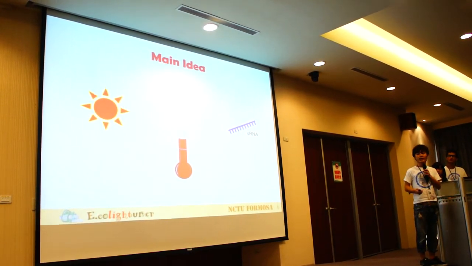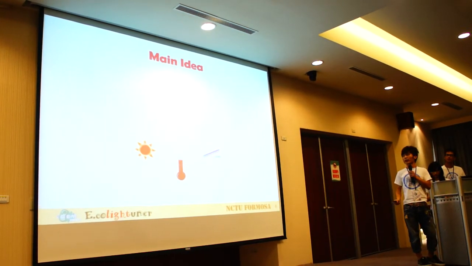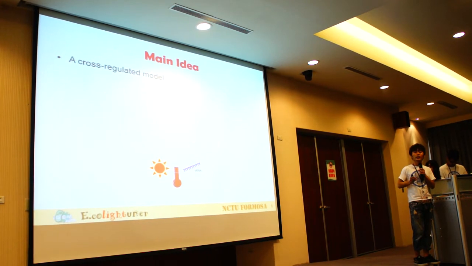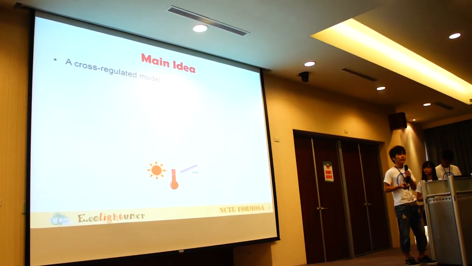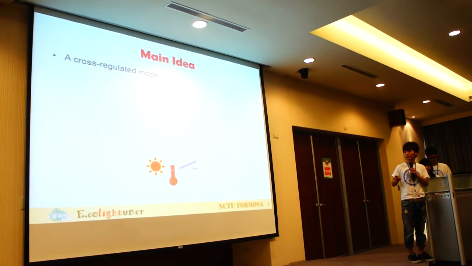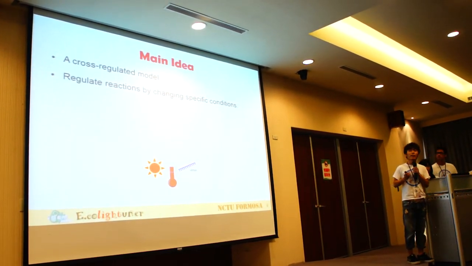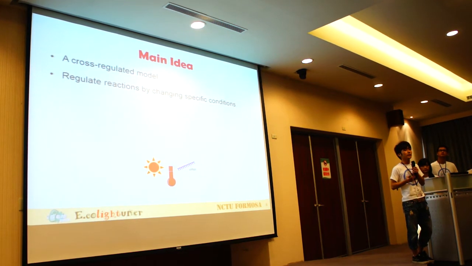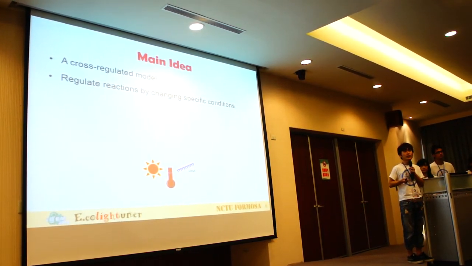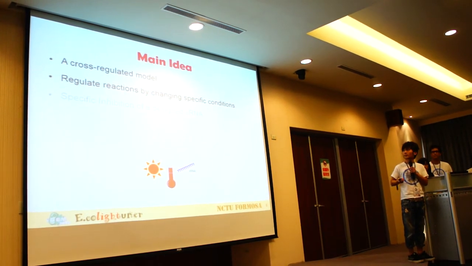So, our main idea is, by combining these three regulators, light, temperature, and sRNA, we can achieve a model that is cross-regulated and we can change the environment reacting for the bacteria. And by comparing these different specific conditions, we can order the bacteria to work more specifically along with how we want.